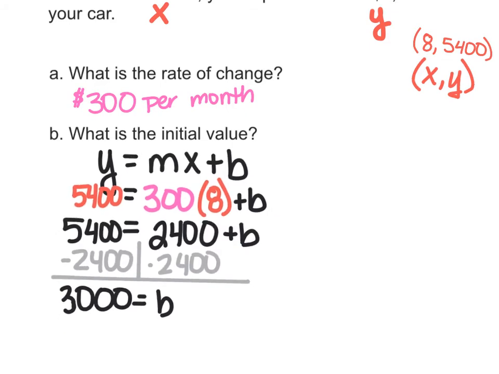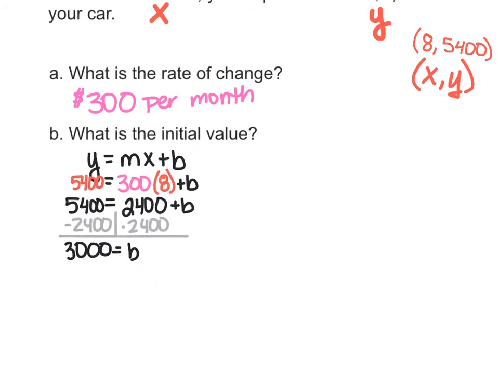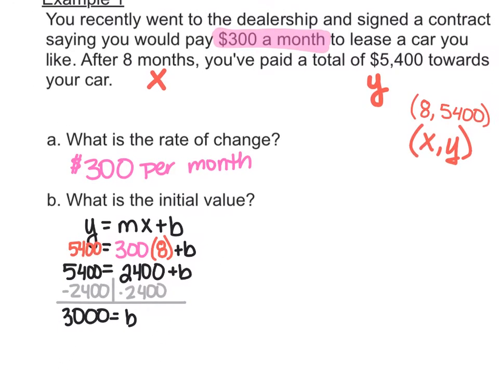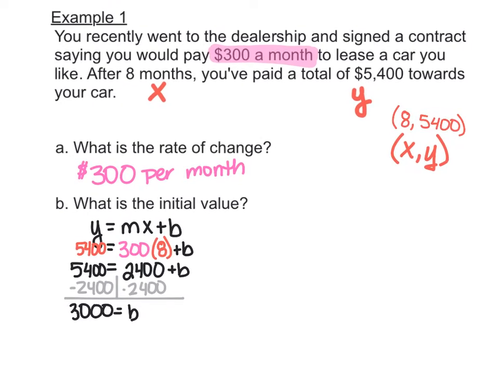Now, since this is a word problem and we're talking about a real-world situation, it's important to understand what that initial value stands for, what it's representing. So having an initial value of 3,000 means I'm starting with, in this case, $3,000, because the y-intercept and y value is all money.